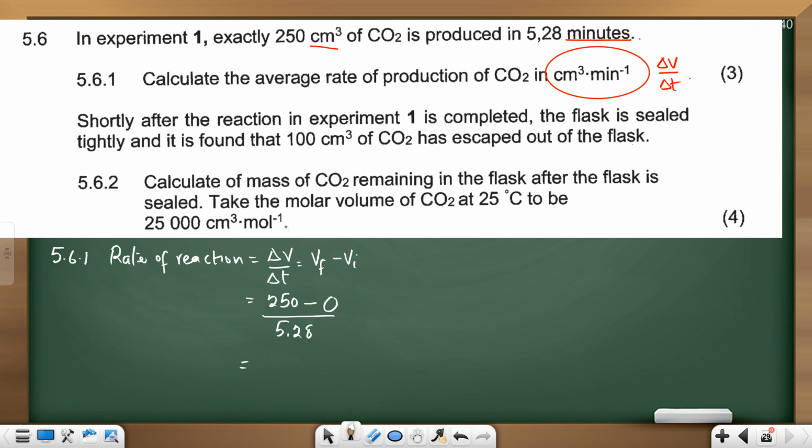You can put minus 0. Are you giving me an answer? 47.35 cubic centimeter per minute. We're done. Case closed.